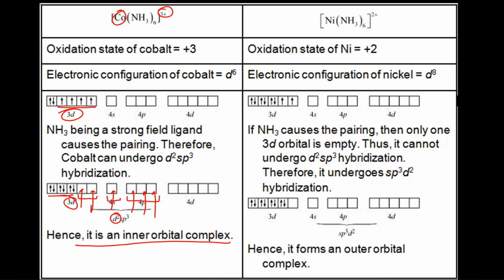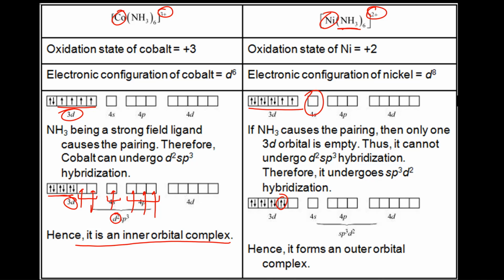In case of [Ni(NH3)6]2+, this is nickel. It is in +2 oxidation state because NH3 is neutral. Again, these 2 electrons will go away and it will be d8 configuration. Nickel in +2 oxidation state, d8 configuration. Now pairing will take place again. Okay. Now again, as I said in one of the cases, there cannot be a break in any orbital.